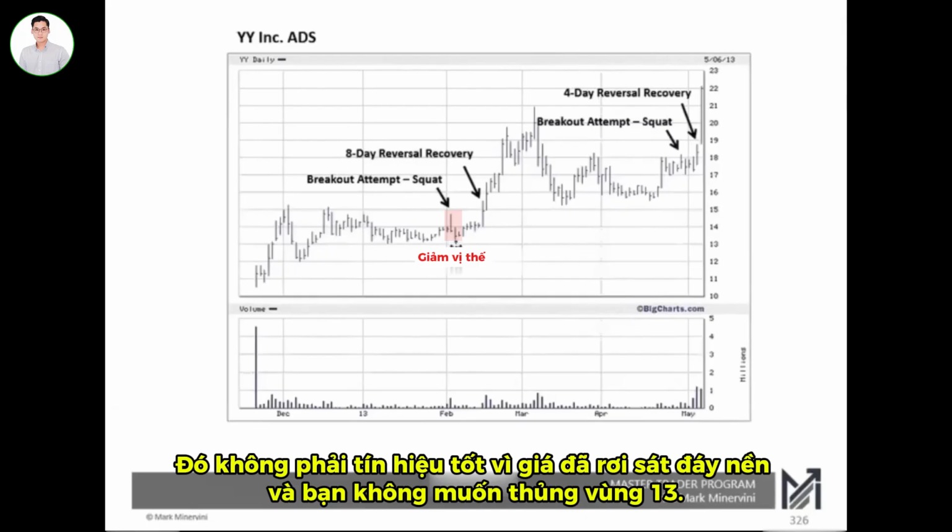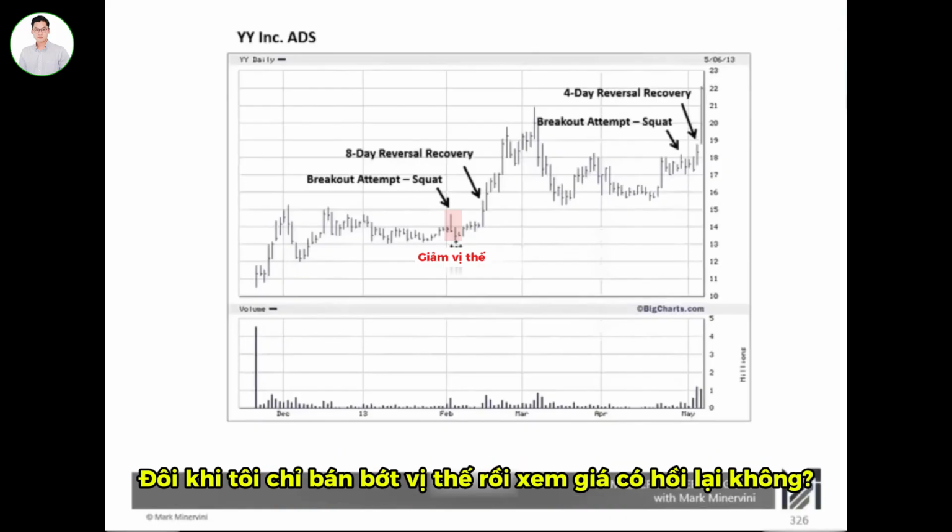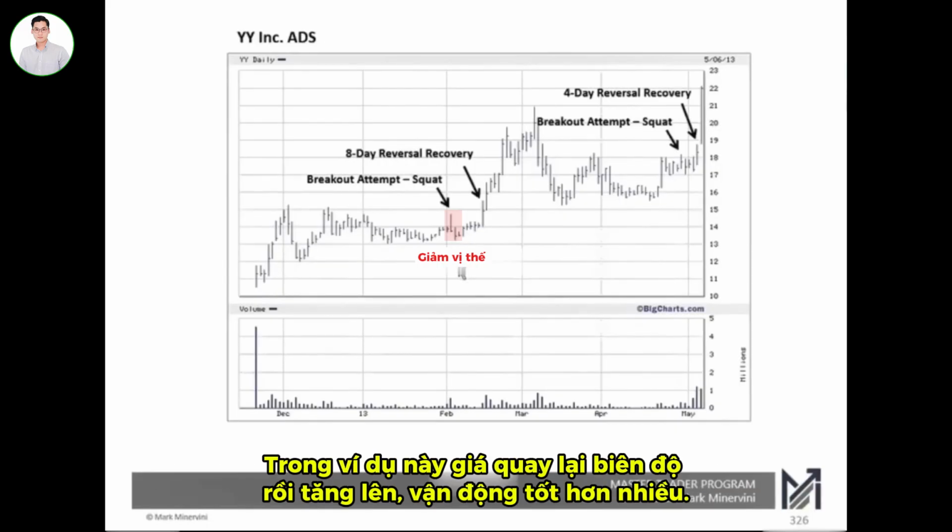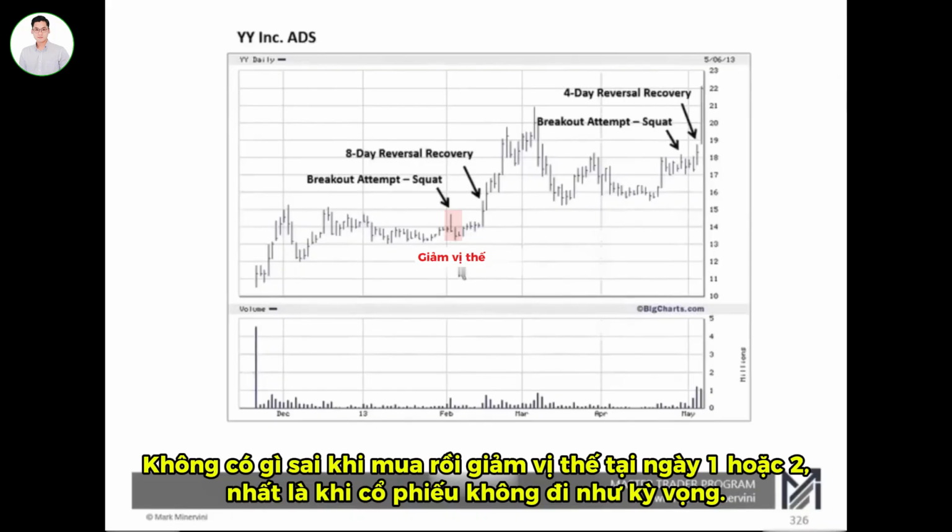Yeah, that's not a good sign, because now it's down very close to the bottom of the base, and you don't want it to go through that 13 level. So what sometimes I do is I sell just half the position or part of the position and see if it can make it. And in this case, it went inside and then started turning up and started doing much better. So there's nothing wrong with buying it and actually reducing it on the first or the second day, especially if it's not acting the way you thought it should be.